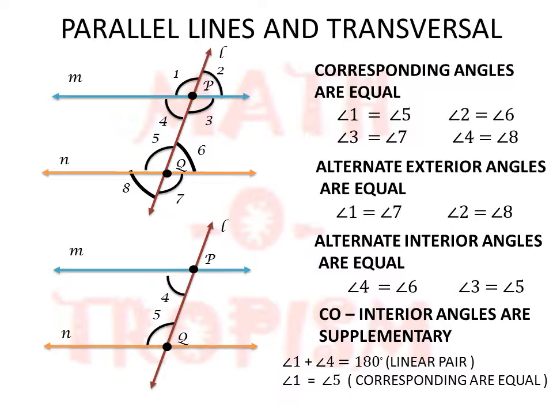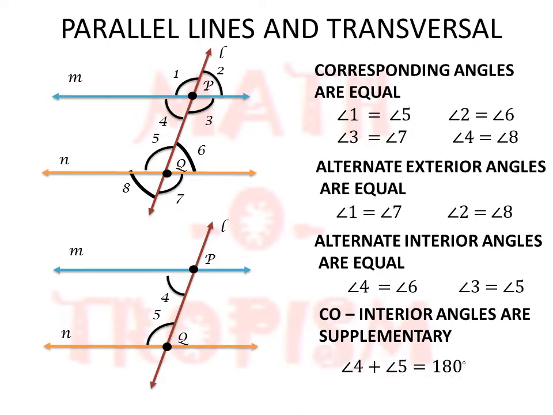So 1 plus 4 is 180. Similarly, angle 4 plus angle 5 will also be 180 degrees. This is the logic for all. So angle 3 and angle 6 will also be equal to 180, since angle 2 and 3 is a linear pair and 2 can be replaced by 6 since both are equal, because corresponding angles are equal.